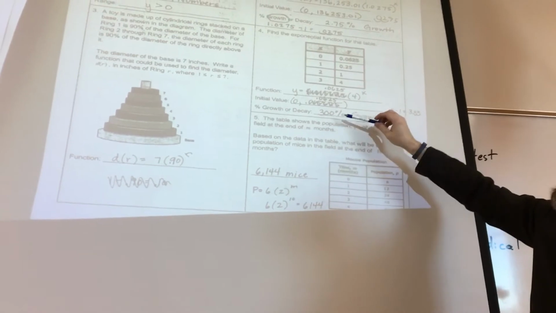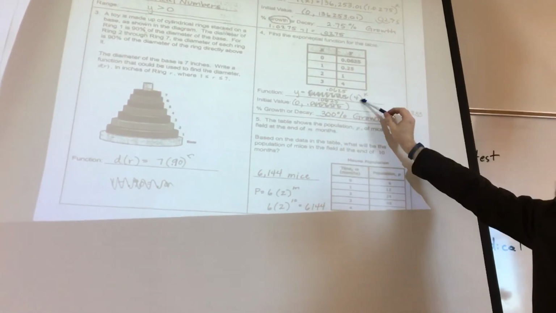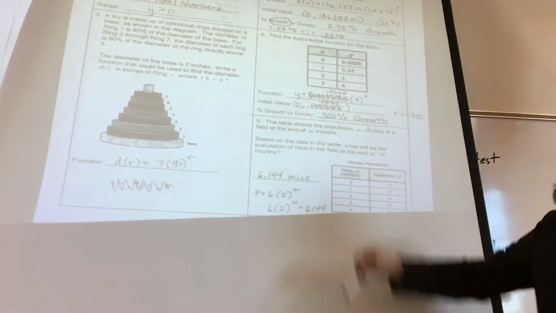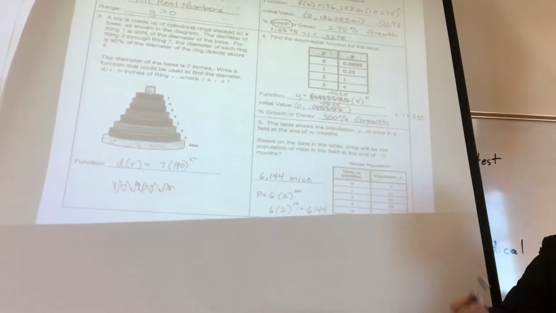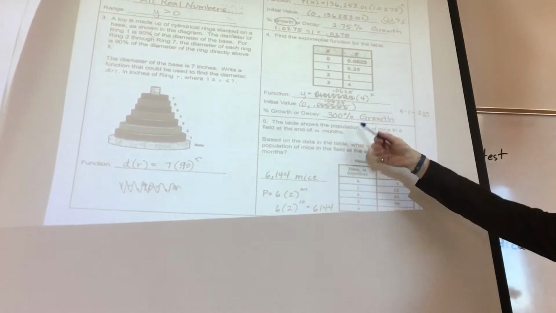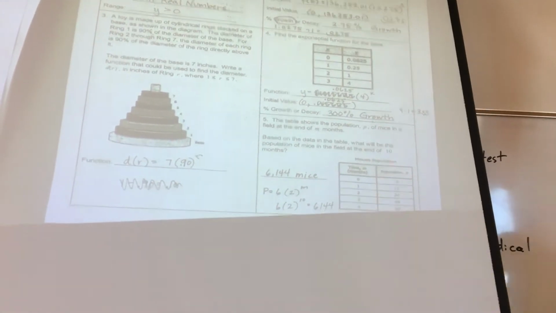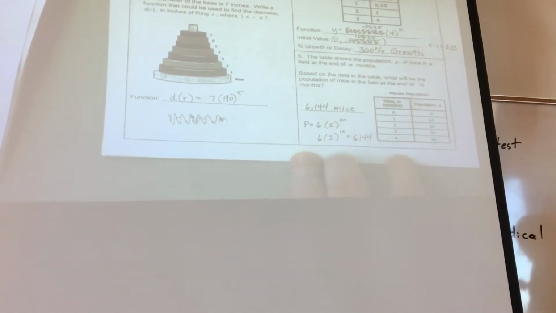And my growth or decay, again, it's how far I am on this multiplier from 1. Since this is 4, it's 3 away from 1, which would be 3, and then we move 2 decimal places over, it's 300% growth. On number 5, again, put it into your table, your data and statistics.